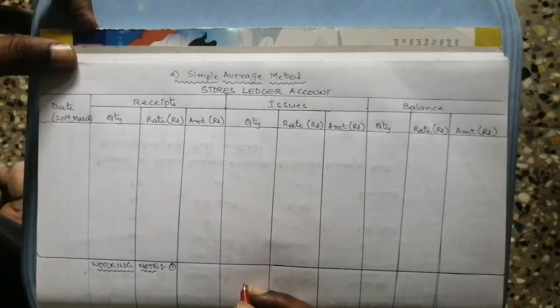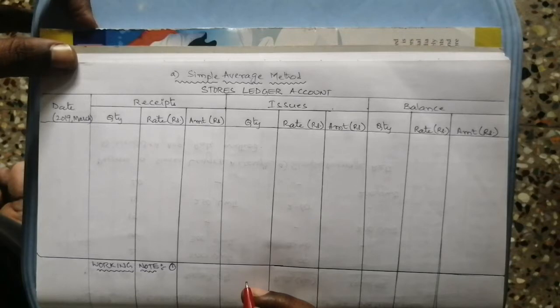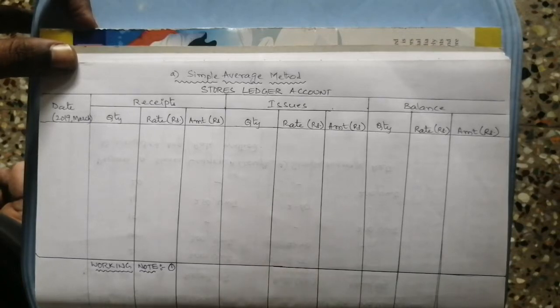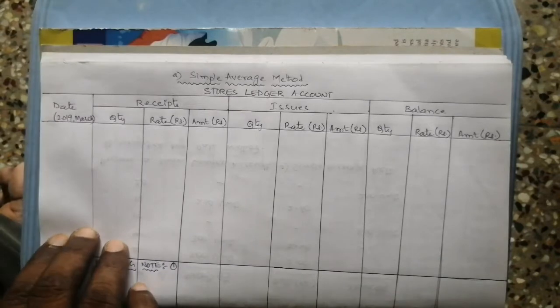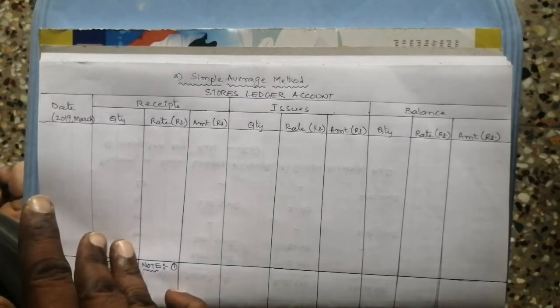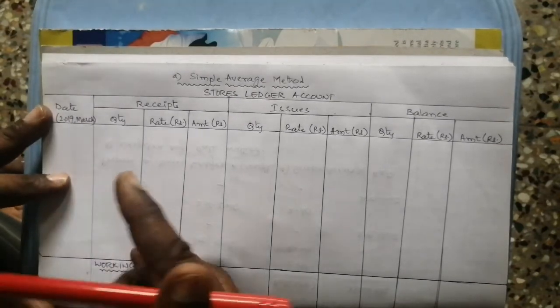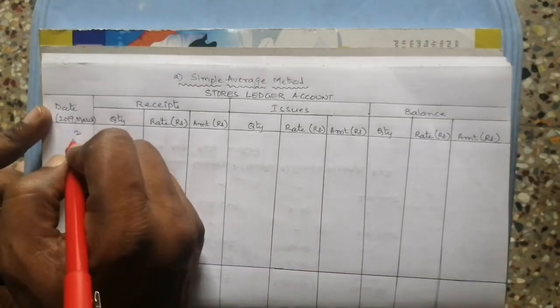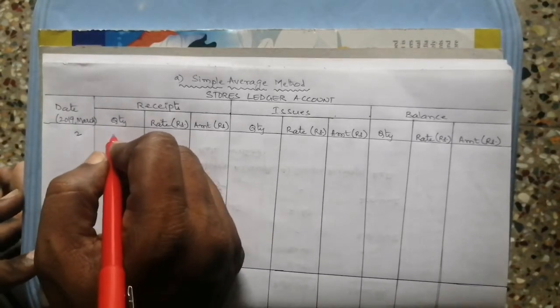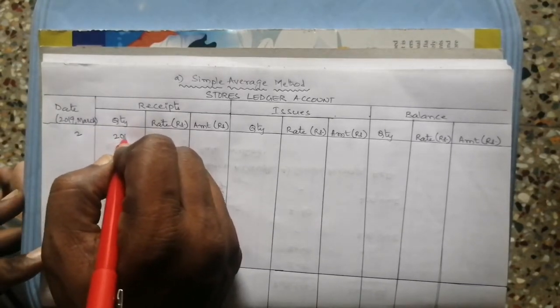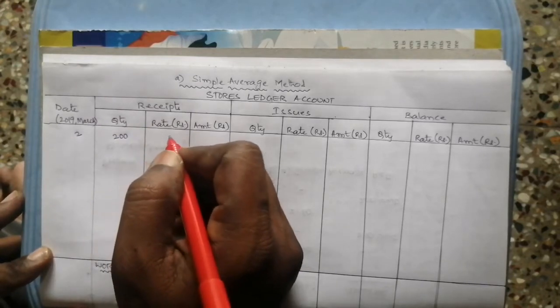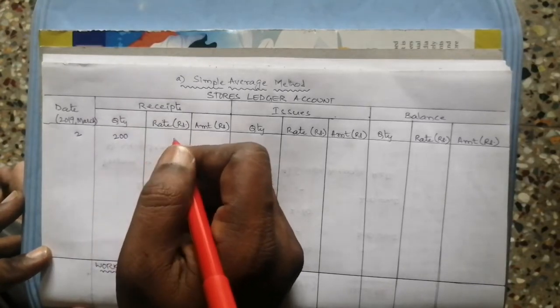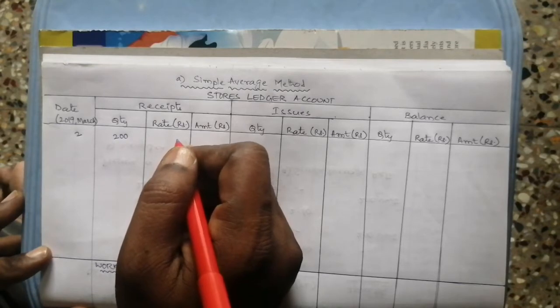Let us start with recording the transactions in the stores ledger account by following method 1, simple average method. Let us start with the first transaction, on March 2. Quantity: 200 units received. The unit of measurement is not given, whether it is kg or something like that, only units are mentioned.